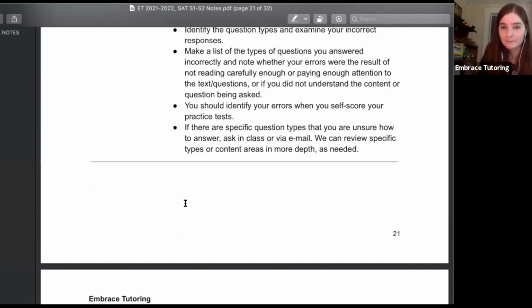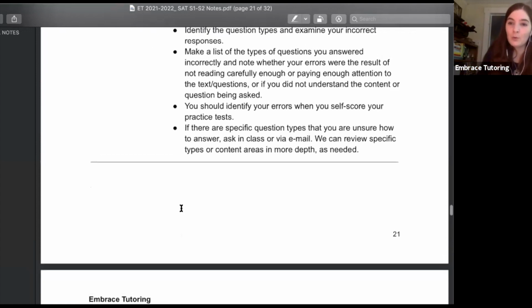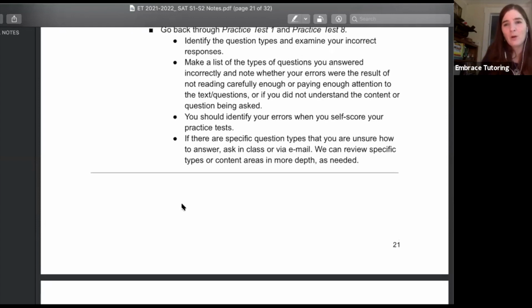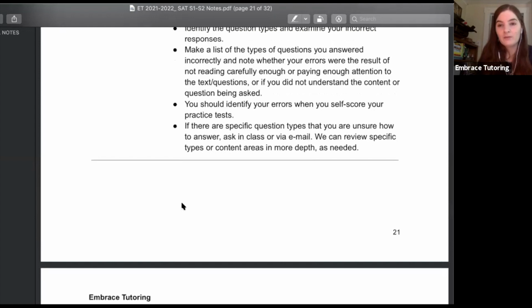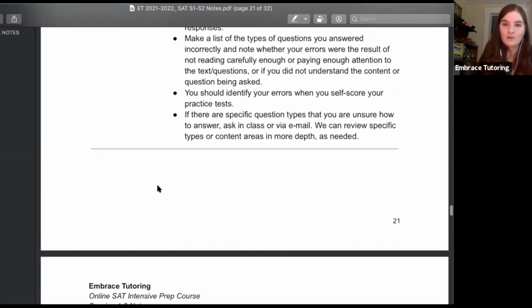That was part of your initial course materials, so that you can keep a record of what works for you, what doesn't work for you, what types of questions you get wrong, and keep a running list of formulae, or grammar concepts, or vocabulary if you're working on that, to help you get through the exam ultimately. So every little bit counts. Okay. So don't be afraid to ask a question if you have one.